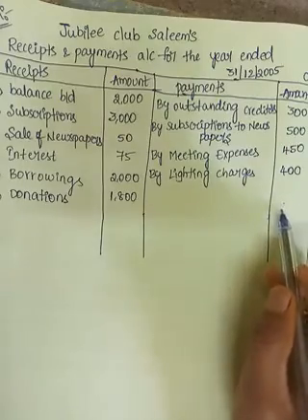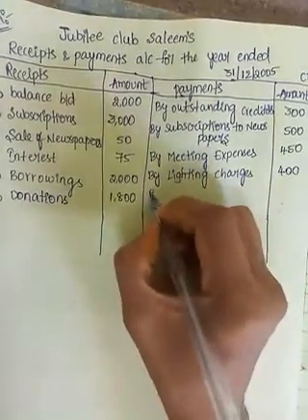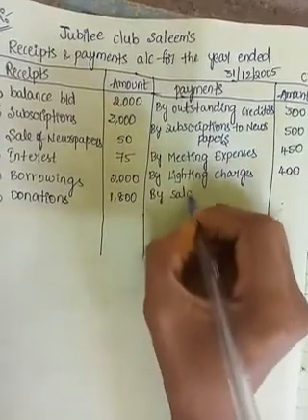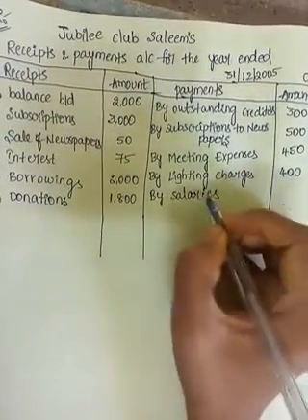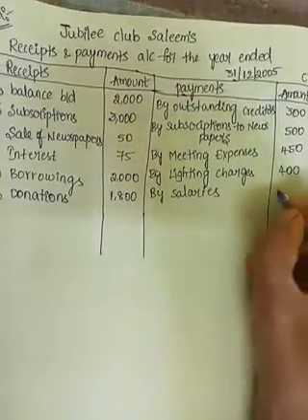Next is salaries of establishment, by salaries, how much? 1000.